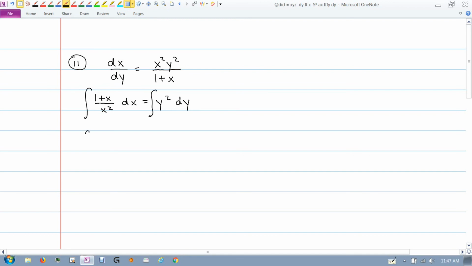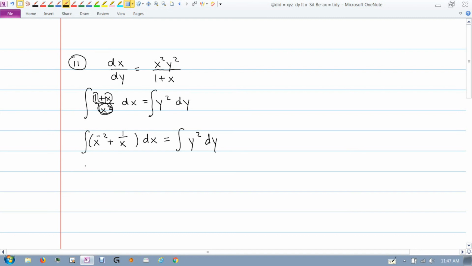Okay, on the left-hand side, go ahead and split this up into two fractions. So do 1 over this, and then plus x over this. So that's going to be x to the negative 2, and then plus x to the negative 1. Or actually, I'll write that as 1 over x because the antiderivative of that's just natural log. And then over here, we'll just integrate this. No problems there.